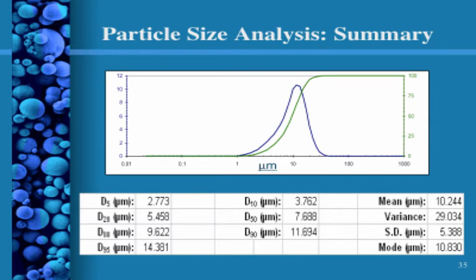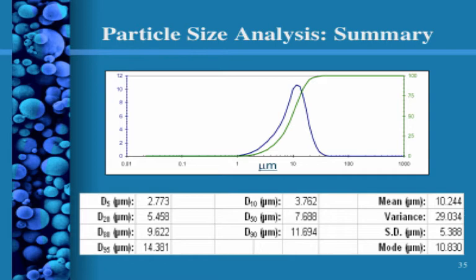So in terms of cumulative distribution, for instance, you need to know the median. Then D10, this is the terminology. D50 means 50% of the particles have a diameter below this particular value. So 50% of the particles have a diameter below about 8 microns.